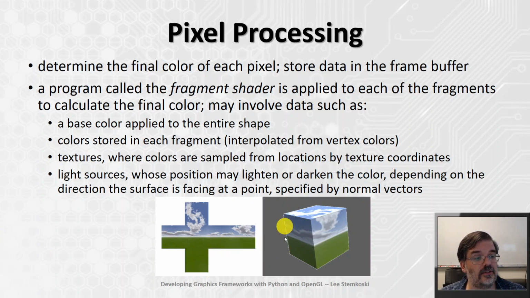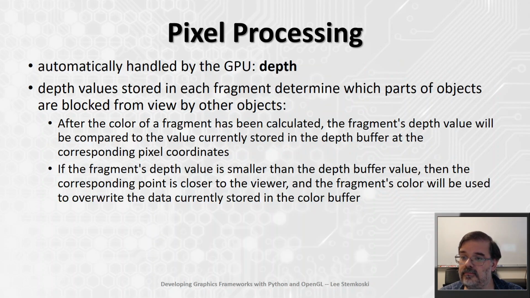So again, looking at this cube as an example, you might imagine there's a light source kind of up here in this location in the 3D scene, causing the top side of the cube to appear brightest, the front side to be second brightest, and then this left side, which is furthest away from our virtual light source, to be darkest. All of those calculations occur in the pixel processing stage. And that happens specifically within the fragment shader code.